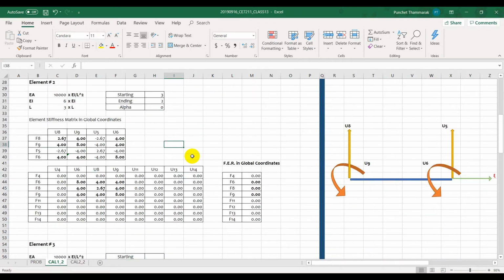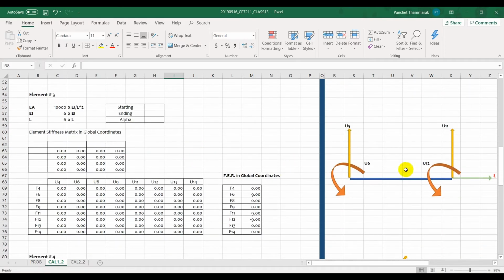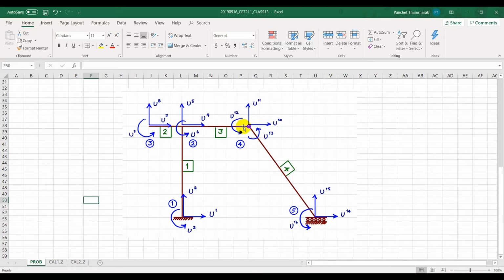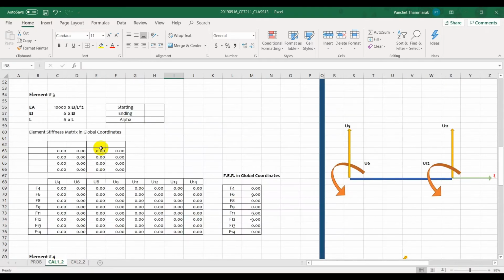Next, element number 3. For element number 3, this node is node number 2, and this node is number 4. So starting node is number 2, ending node is number 4, and the orientation is 0. The x points towards the right, positive X direction, and the global degrees of freedom that are in line with the local ones are listed over here, these 4.